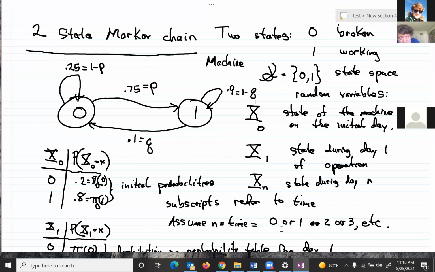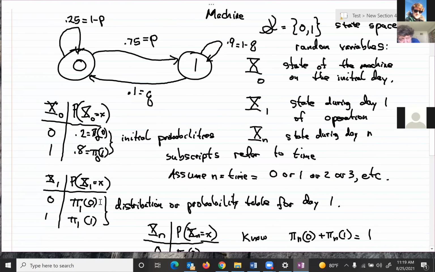It's discrete time. We are going to assume an initial probability. So when we first walk into the room, what's the chance the machine is working? According to this assumption, there's an 80% chance it's working initially when you first see it, day 1 or day 0, actually. After that, there'll be different probabilities, which we don't know yet.